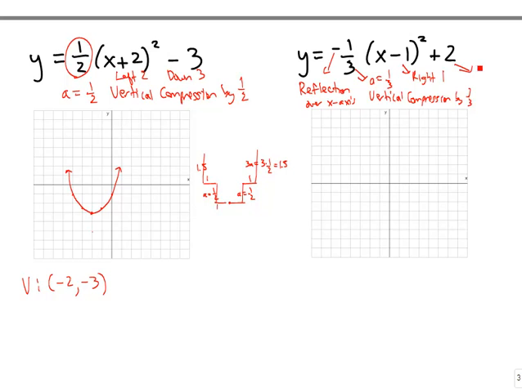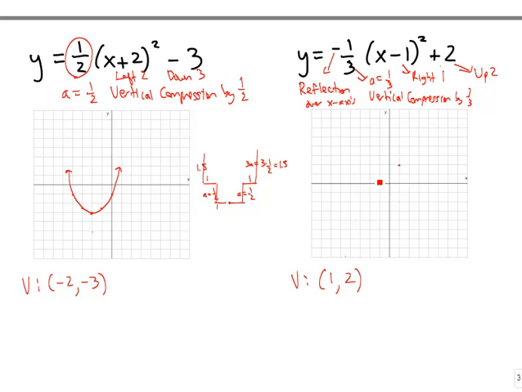And then we have this +2, which shifts us up 2. So our new vertex is only affected by the horizontal and vertical shifts. So we have a -1, so my vertex is at +1, and then we have a +2 on the end, so the y value is +2. So my vertex is going to be at (1, 2).